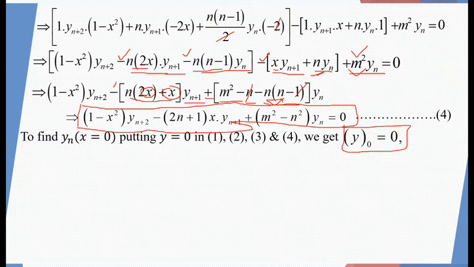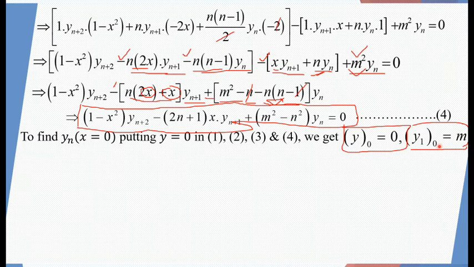Now when we put x equals to 0 in the first derivative, then y1(0) equals to m, because y1 is equal to m upon root 1 minus x square cos(m sin inverse x).